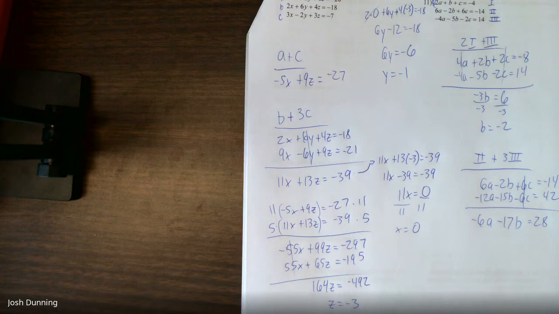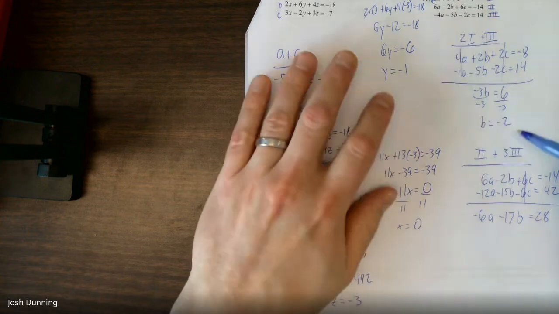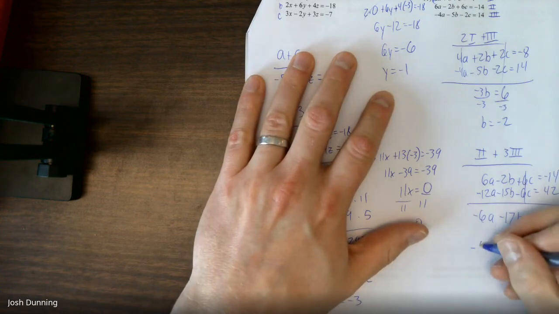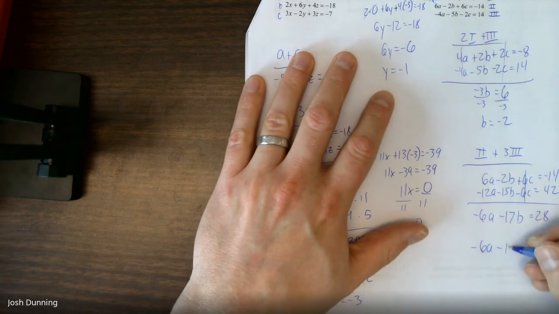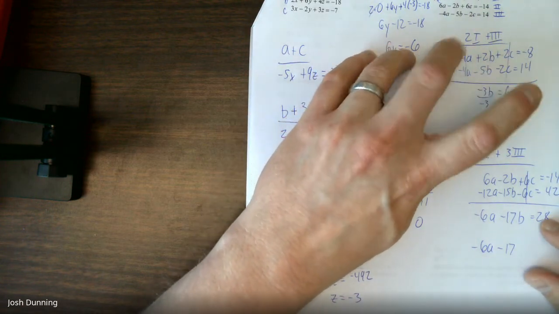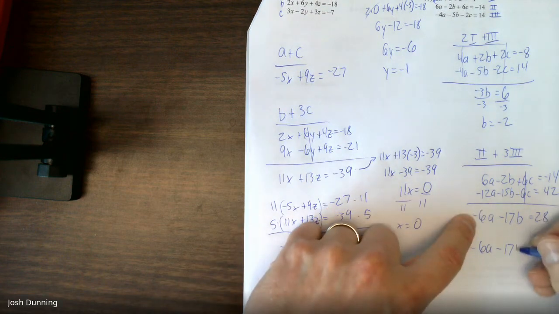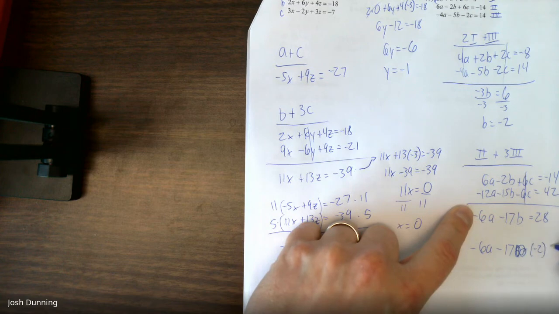Now I needed a 2-variable system or equation here, and I got it. So now I'm going to plug b into this one. So the only difference is now, instead of having two 2-variable equations, I got an answer and then a 2-variable equation. So I have to solve this system. Oops. I'm just going to plug in my negative 2.